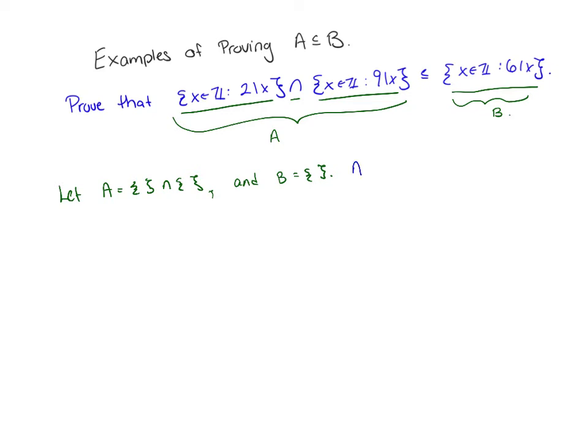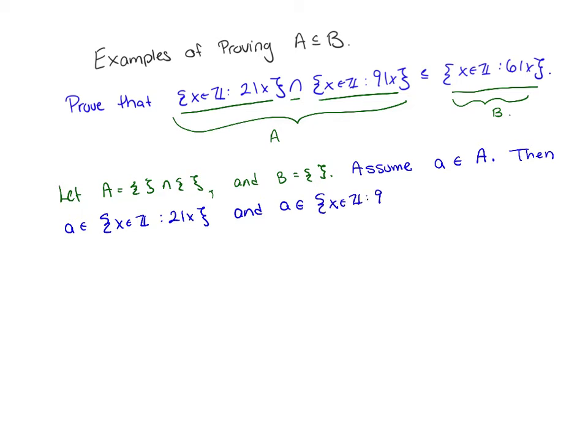So I'm going to assume that an element, let's call it a, is in that set A. Then since A is an intersection, I can say that a has to be in the first set, sorry, not either, but it's an intersection, so and. So a is in that, and a is in the second thing.